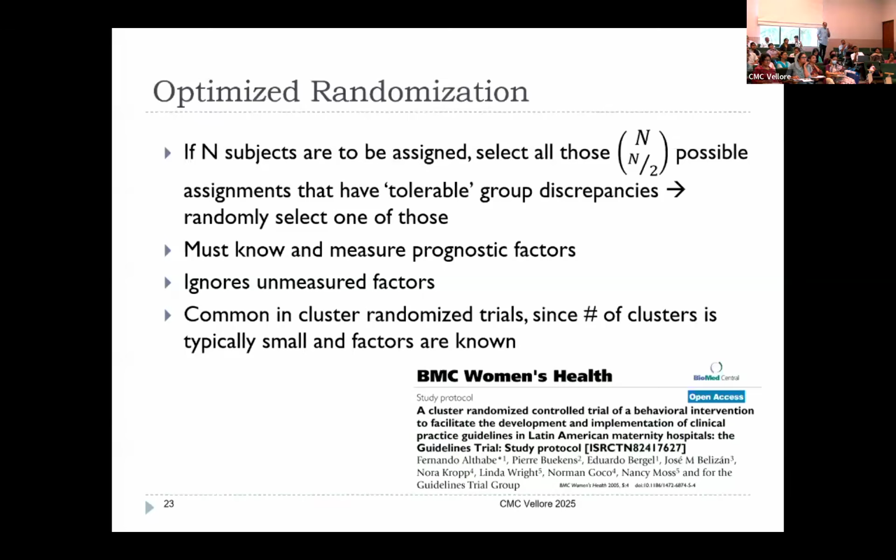For example, if n subjects are to be assigned, then we select all possible assignments. So this becomes large. If we had, for example, as little as 20 people, or 20 hospitals, being assigned, how many ways are there to take 20 and put 10 in one versus the other? This is 20 factorial over 10 factorial times 10 factorial.